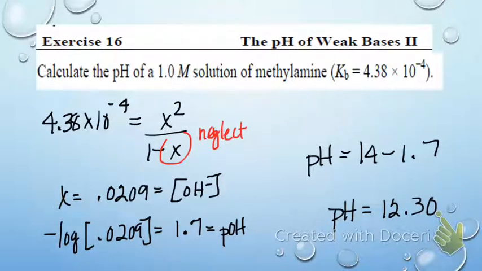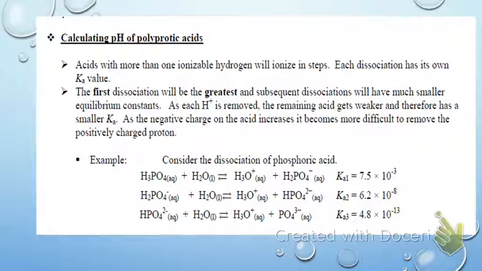Okay? All right. Now we're going to talk about polyprotic acids, because if you remember, I think it was the first day of notes, we said that when acids lose a hydrogen, if it's diprotic or polyprotic, they do so one at a time. So they're literally contributing their hydrogen one at a time, and each one of the species after it loses one hydrogen has its own Ka value.